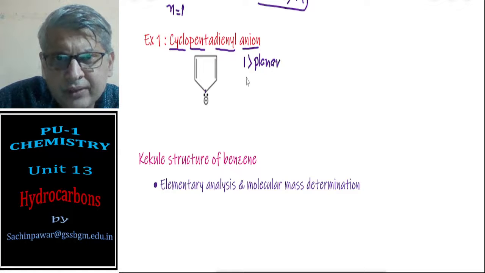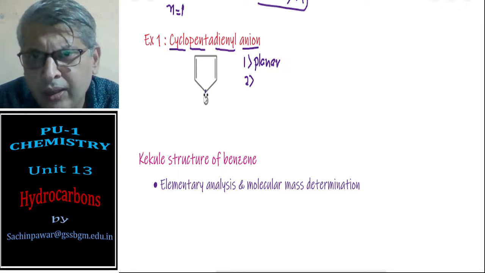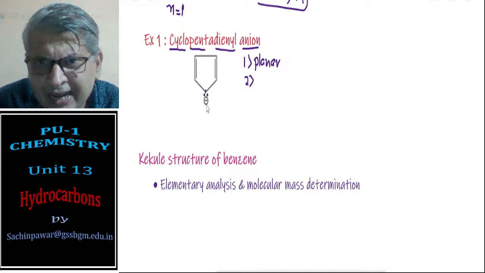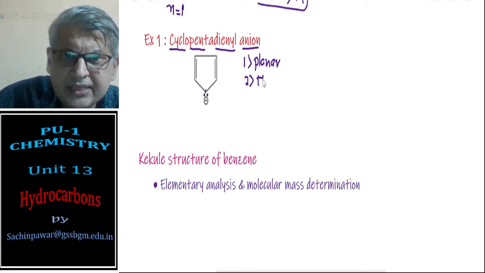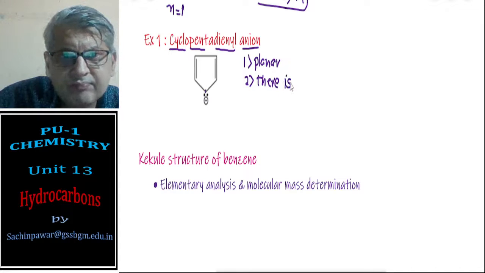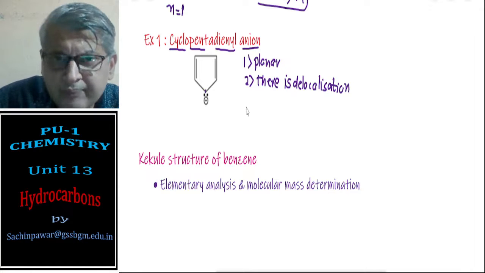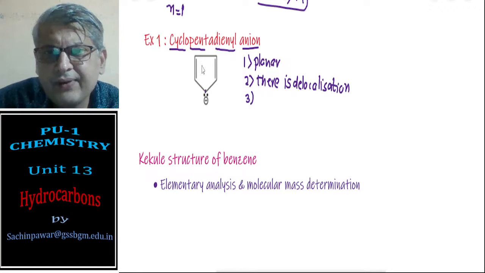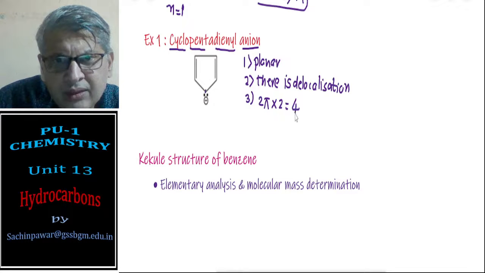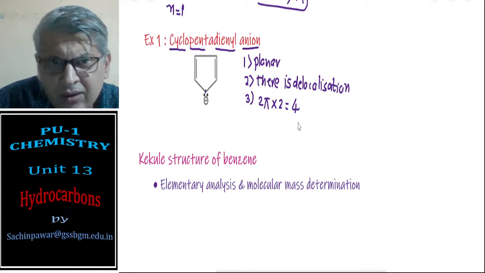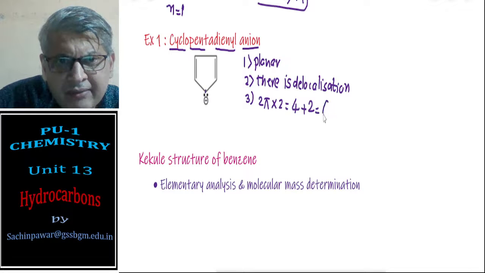Condition 1 is satisfied. Condition 2: a doubly bonded carbon atom is attached to an atom with a lone pair of electrons, and there is delocalization, therefore there is delocalization of pi electrons. Third, we have to count how many electrons there are. There are two pi bonds, so 2 times 2 is 4, plus 2 electrons of the anion, that is a total of 6 electrons in the ring.